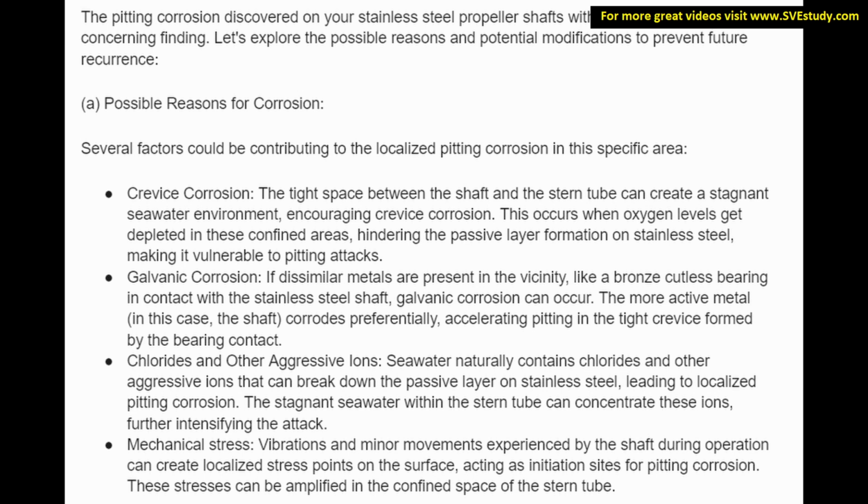Mechanical stress. Vibrations and minor movements experienced by the shaft during operation can create localized stress points on the surface, acting as initiation sites for pitting corrosion. These stresses can be amplified in the confined space of the stern tube.